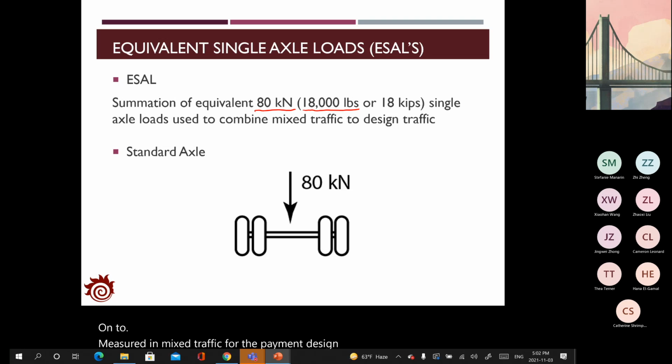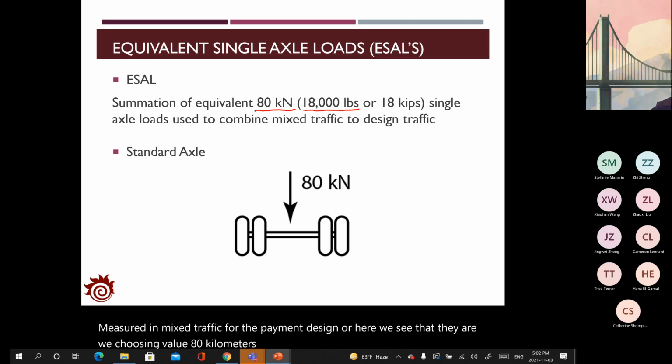Here we choose the value 80 kilonewton or 18,000 pounds to represent the standard single axial load.